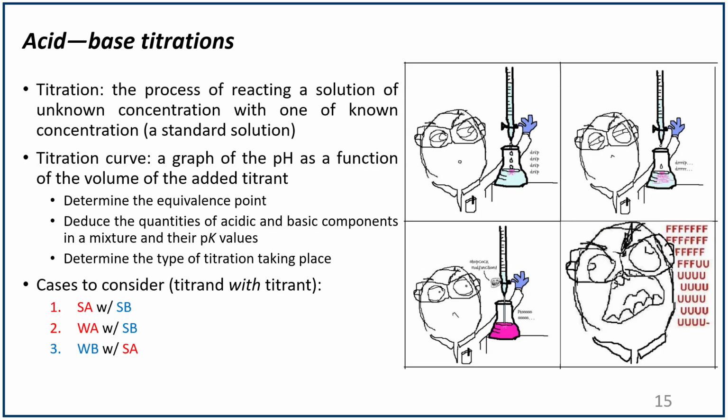Okay? And we will actually take a deeper dive into titration, unlike what we did in chapter 6, wherein we were just doing stoichiometry. Here, we will actually be looking at titration curves. Okay? They're basically a graph of the pH as a function of the volume of the added titrant.